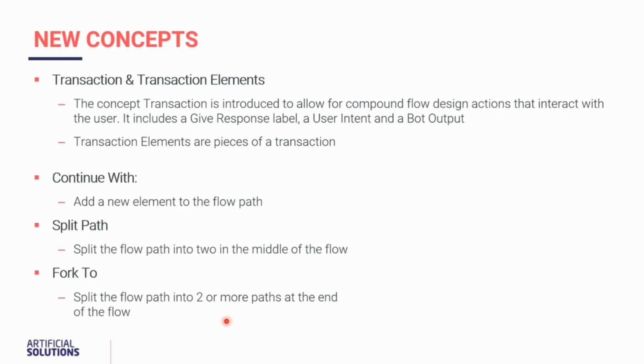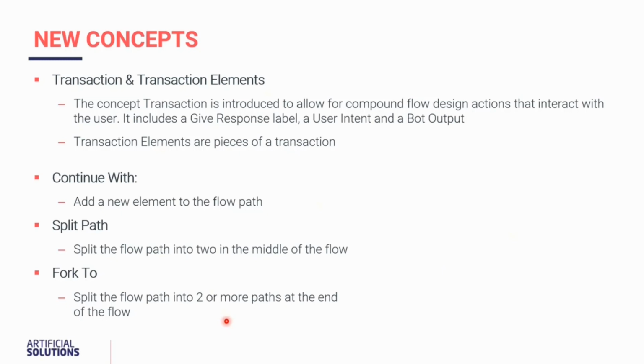There are three other new concepts that you will also find. The first one is called continue with. Okay, so when we click this plus symbol, we may see some places where it says continue with. And continue with means that we'll be adding something into the path of the flow. That same path, we'll be adding a new element to that one.